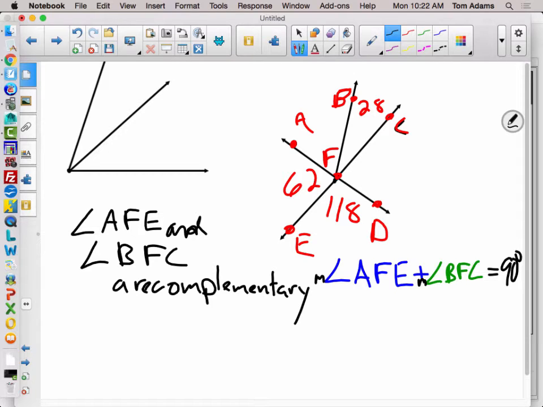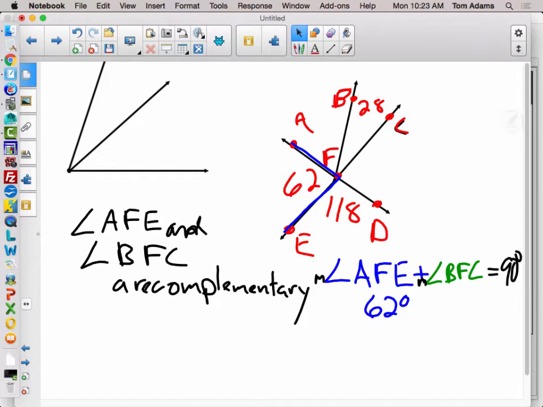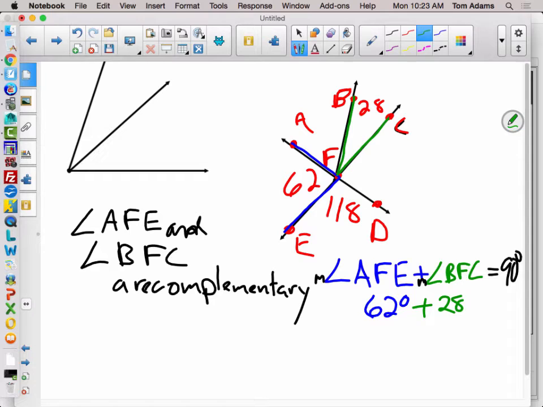Right? So what's the angle of AFE? Well, AFE is from here to here. That's 62 degrees. The angle from BFC is from here to here, and that is 28 degrees. When you add those up, what do you guys get? 90.